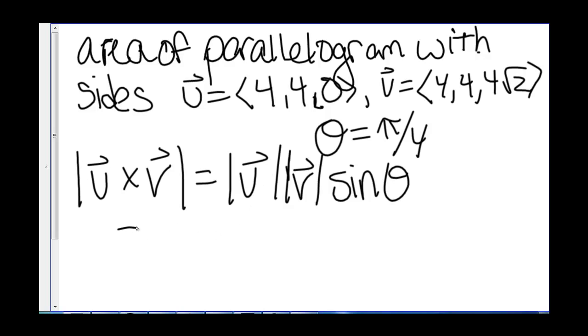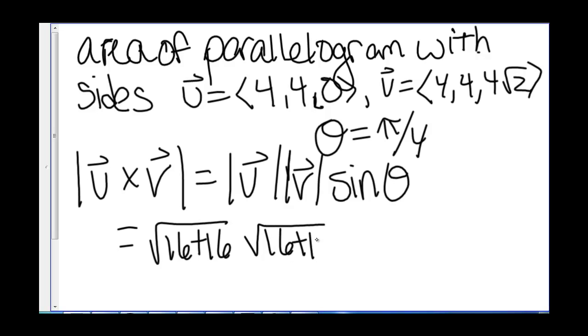The length of u is the square root of 16 plus 16. The length of v is the square root of 16 plus 16 plus 16 times 2, which is 64.